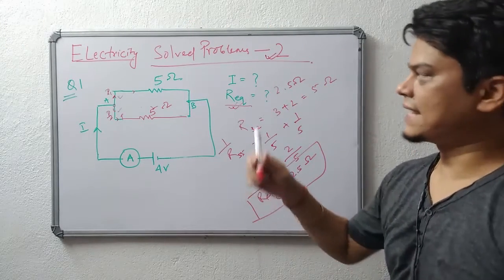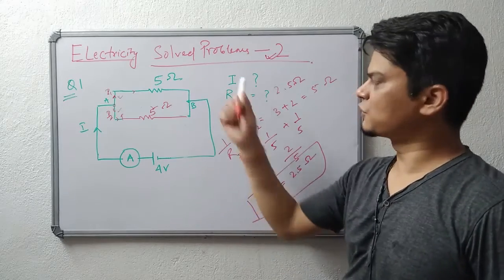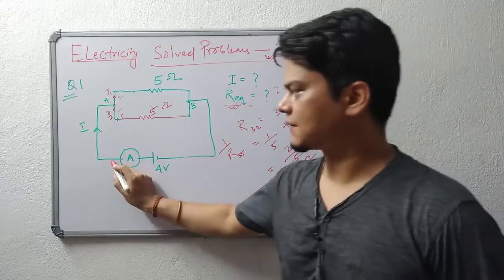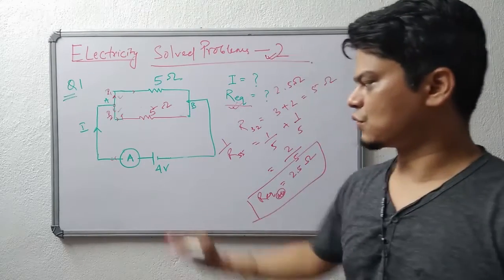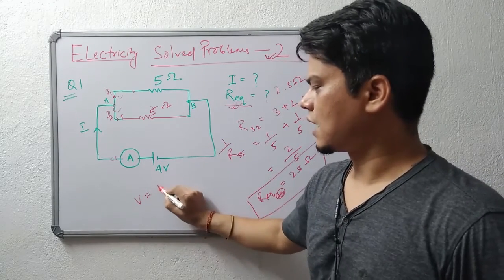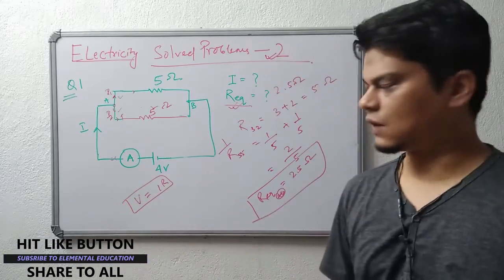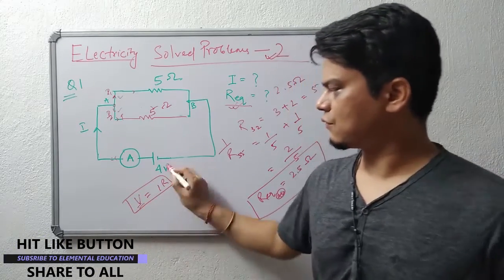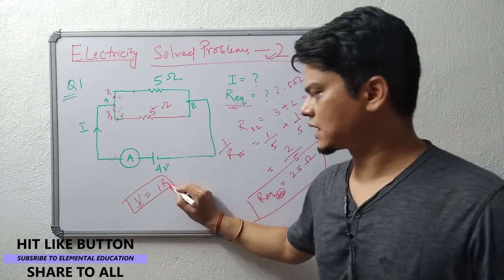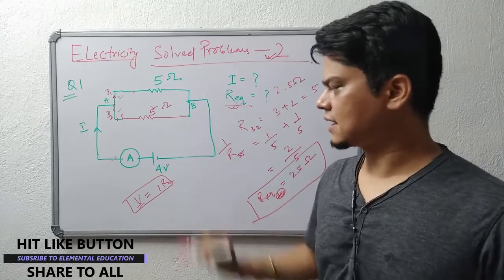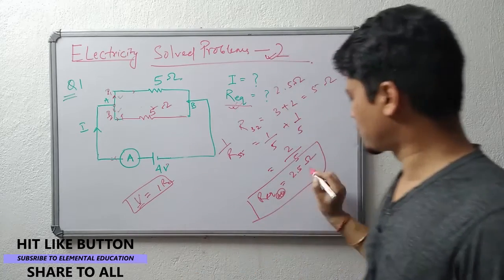Now what else has been asked in the question? We have to find the total current flowing across this ammeter. So V equal to IR. Now what is the voltage across this? 4 volt. What is the total R equivalent? That is total resistance. What is the R equivalent here? 2.5 ohm.